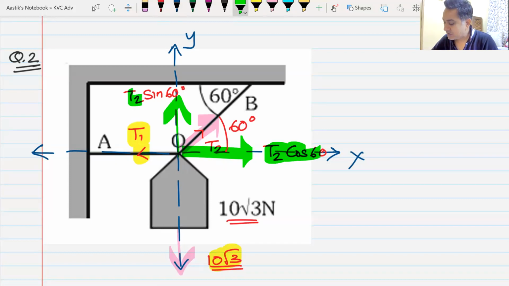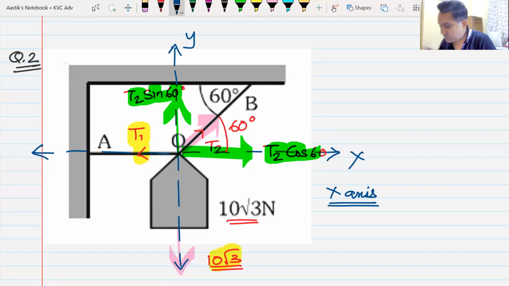We just now need to equate the x component and the y component. What do you see along the x-axis? T1 is along negative x and T2 cos 60 is along positive x. So T1 becomes equal to T2 cos 60. Cos 60 is 1 by 2.